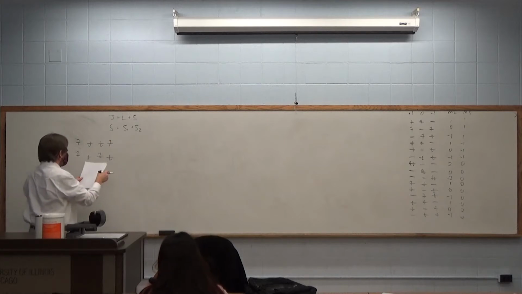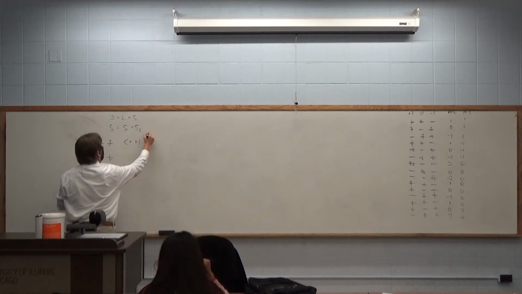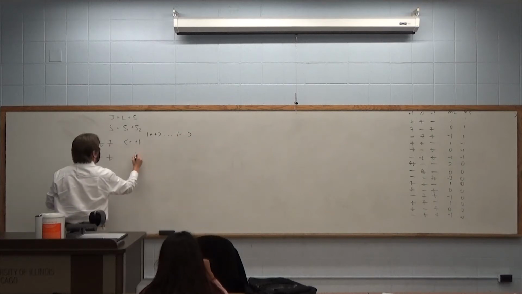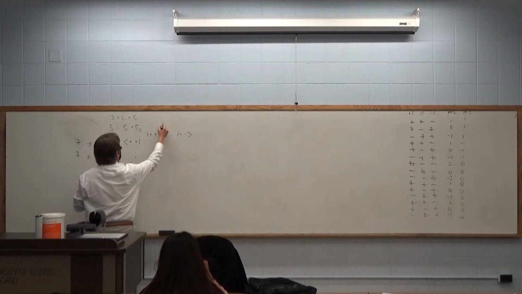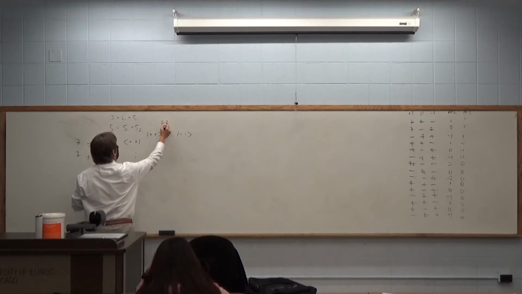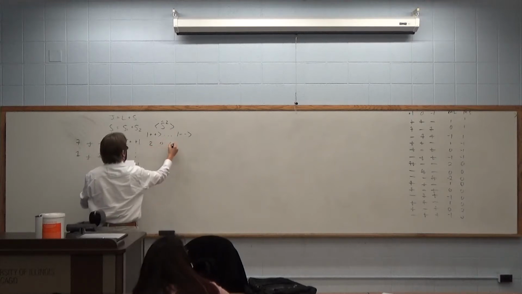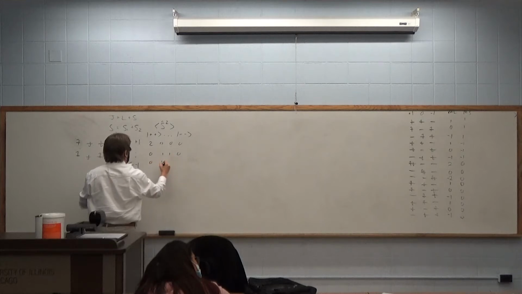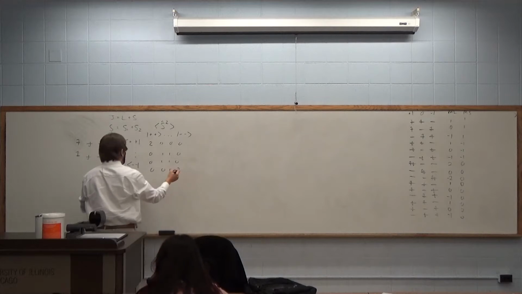So there are 4 basis vectors, and I represented them like this, as kets. And the S squared matrix ends up looking like this.